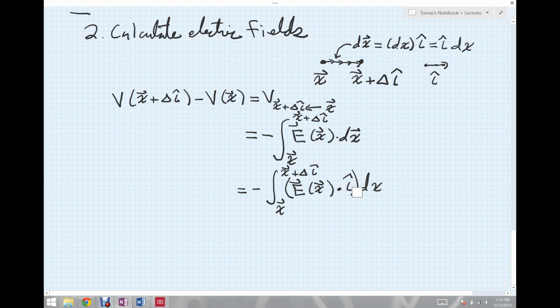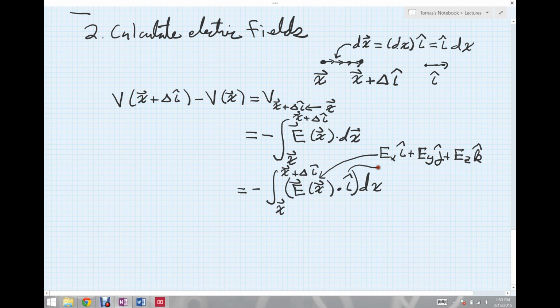If you want to work it out for yourself in terms of components, imagine I rewrite the electric field as the x component of the electric field times I hat plus the y component times j hat plus the z component times k hat. And remember how dot products work. You just take the x, y, and z components of each of your two vectors, multiply them together, and then add.